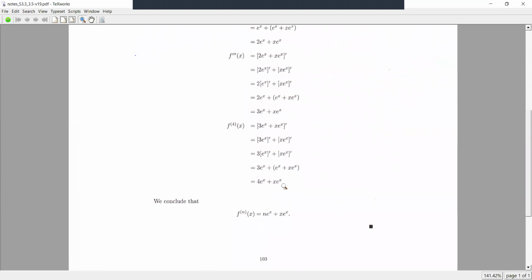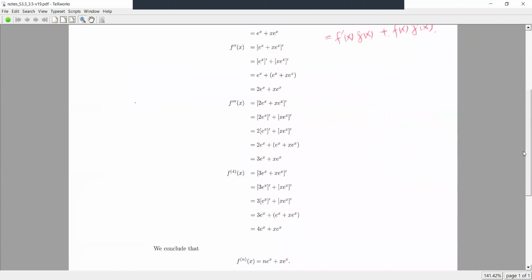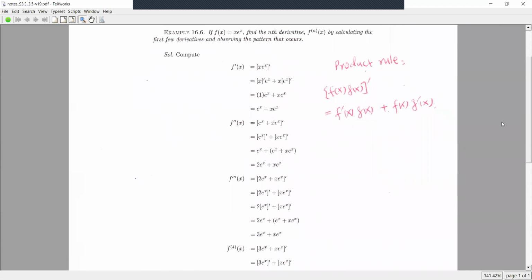Now, from the first four derivatives that we have computed, we can observe a pattern. The first derivative is e to the x plus xe to the x. The second derivative is 2e to the x plus xe to the x.